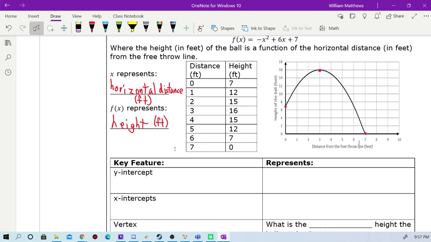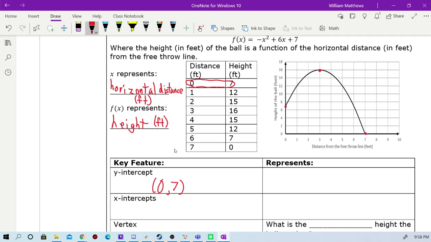Now our key features, as I labeled already. Our very first one is a little hard to see on the graph because it is not on a line. We can find it on our table. Our y-intercept is when our x value is 0. So in this case, that is (0, 7).